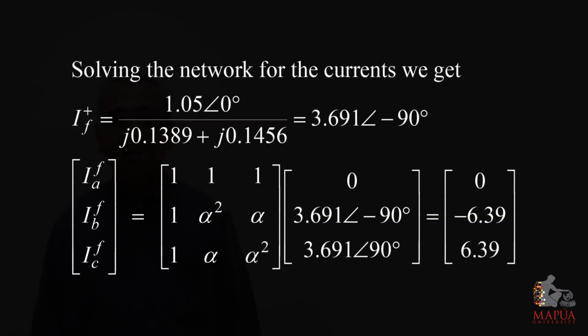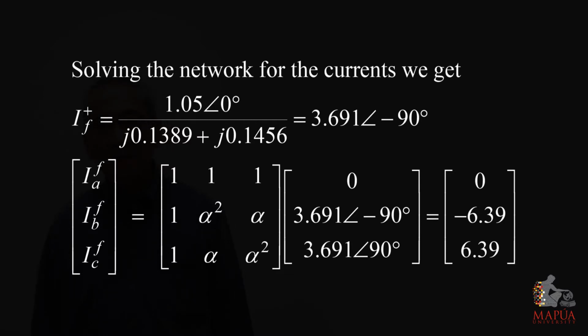Solving the network for the currents, we now get the positive sequence fault current is equal to 1.05 angle 0 degrees over j0.1389 plus j0.1456, and that gives us 3.691 angle of negative 90 degrees.